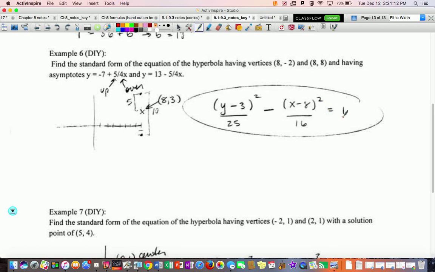Make it equal to 1. Now, if the center is here, the distance from the center to either of the vertices is 5. So that'll be 25 right here under the y. And then remember, when they give you the asymptotes like this, what they're giving you is the slope, 5/4 and -5/4.